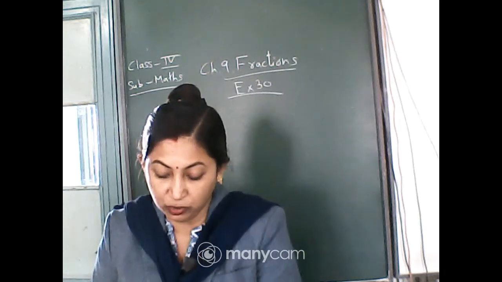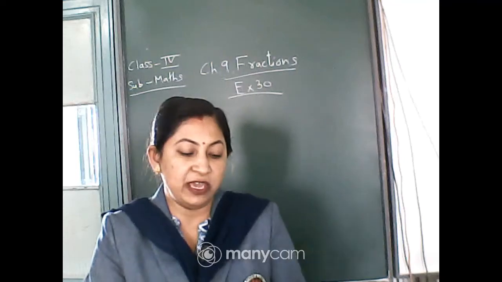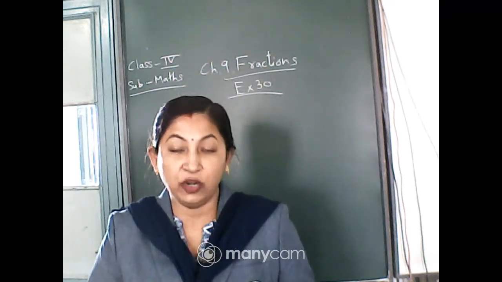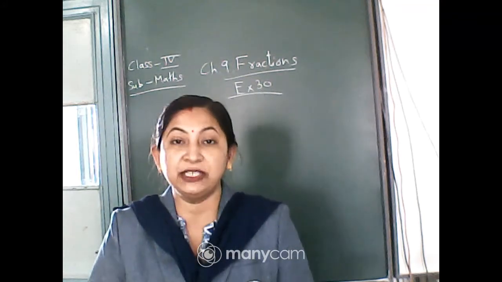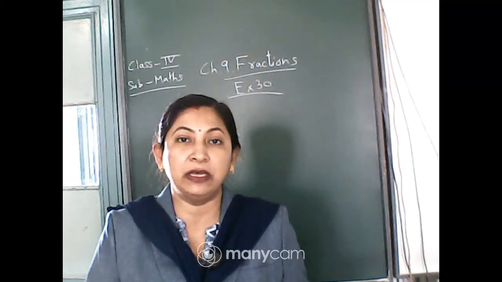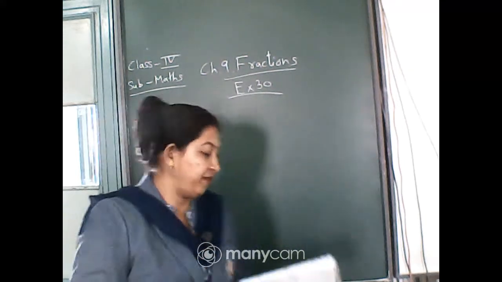Exercise 30, the first question: write the numerator and denominator of each of the following fractions. As you know, the upper one is called the numerator and the lower one is called the denominator. Now see, here it is given 2 by 5.